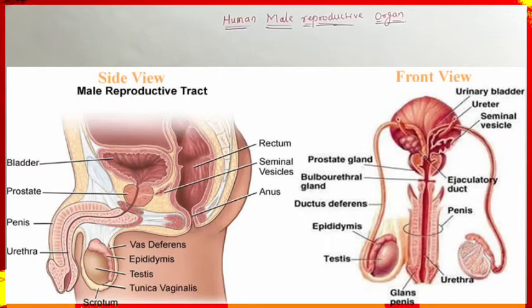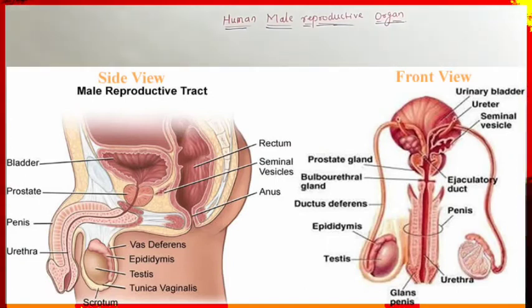The sequence of those tubules is rete testis, vasa efferentia, epididymis, vas deferens, ejaculatory duct, and last but not the least, the urinogenital duct.